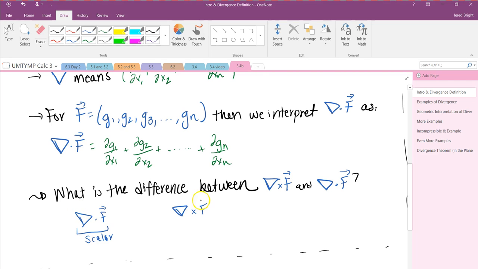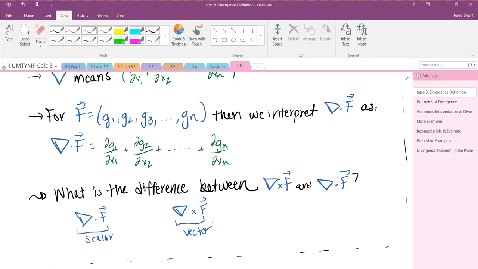Some people do, some people don't. Del operator across, this is a vector. So that's one thing to keep in mind.